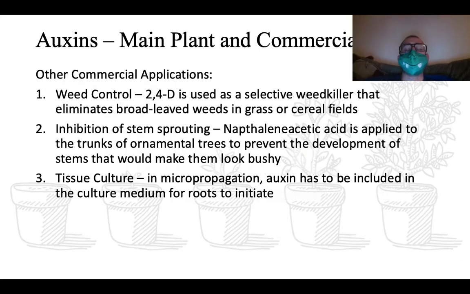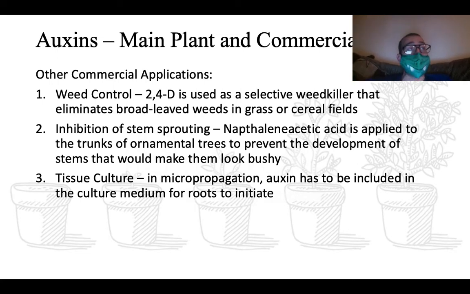Some other commercial applications that we have for auxins, they can be used for weed control. 2,4-D is a selective weed killer of certain broadleaf weeds. They can inhibit stem sprouting. Remember, auxin helps maintain dormant buds, so you can apply, I'm going to struggle with this the entire time, naphthalene acetic acid to the trunks of certain ornamental trees to prevent the development of those axillary stems, that would otherwise make your tree look bushy.